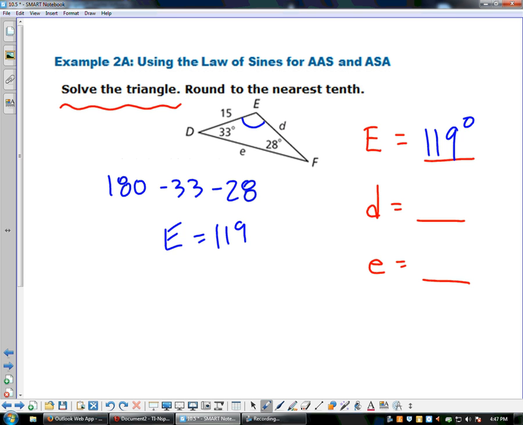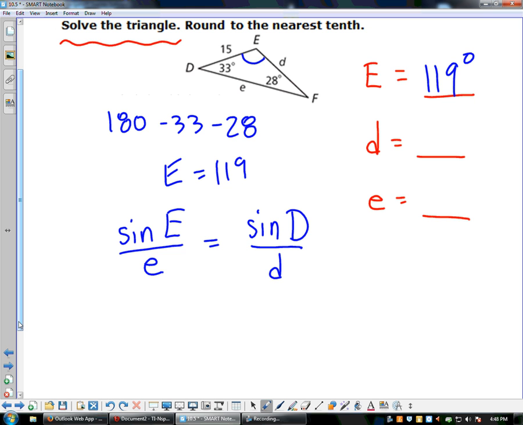Now that we have that, we can use the law of sines. We can say sine of angle E over the length of side E is equal to the sine of angle D, for example, over side D. If we plug in what we know, we know angle E is 119, so sine of 119 degrees over E, which is a side we don't know.